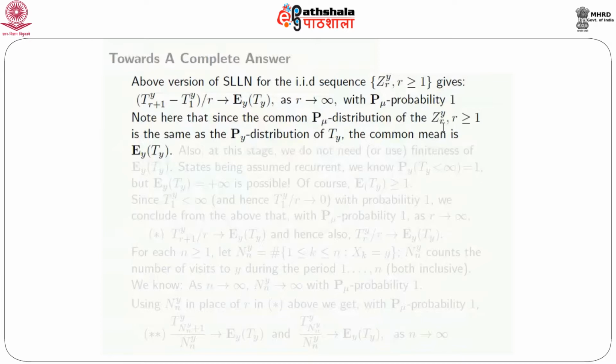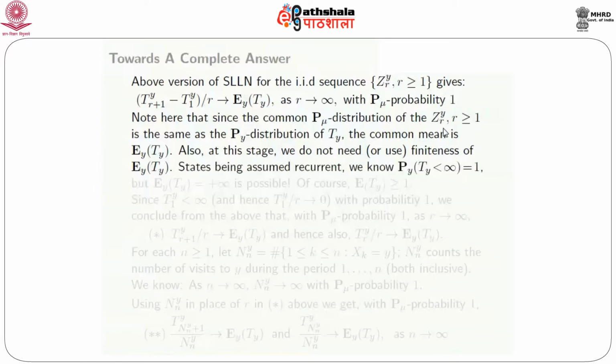So the thing, as I said, to note here is that the common p mu distribution of the zry's for r greater than or equal to 1 is the same as the py distribution of ty. Therefore, the common mean is ey of ty. Also, at this stage, because these are all non-negative random variables, which is why we were able to get this strong law of large numbers, we do not need or use the finiteness of this common mean.